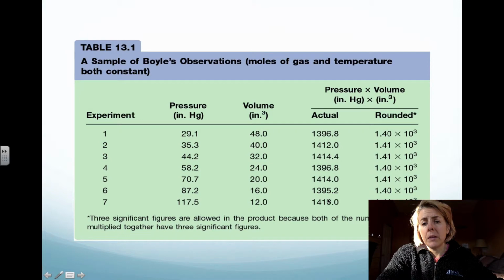Yes, they do, but they are very close in value. If you look at pressure versus volume, here you have 29 inches of mercury all the way up to 117, but then you have a volume of 48 inches cubed versus 12. So something is going on with this, and you're going to graph this in the lab.